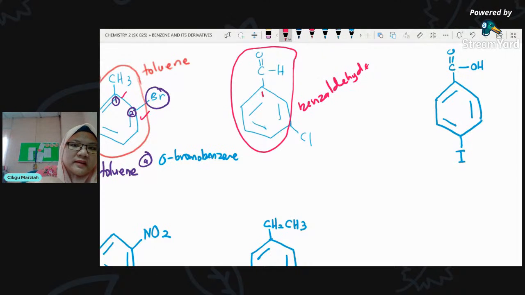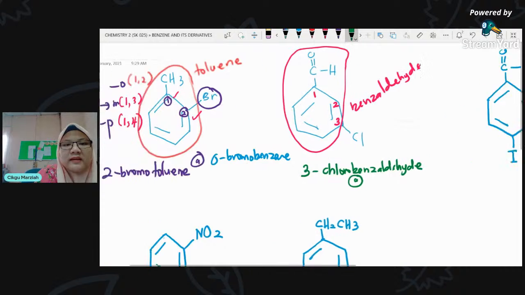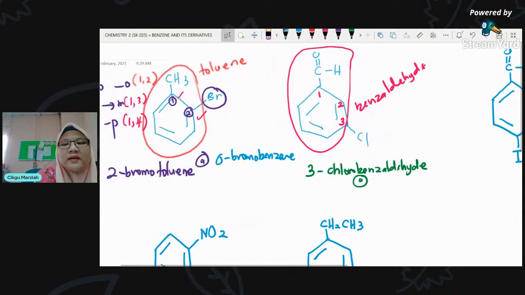So it is considered as carbon number 1, carbon number 2, carbon number 3. So because of that, it can be 1 chloro-benzaldehyde, ataupun kalau 1 dengan 3 kita kata meta.